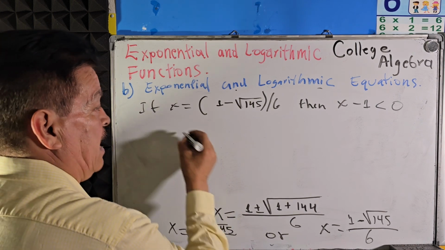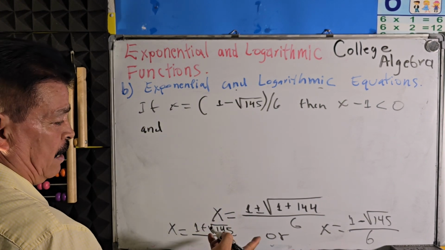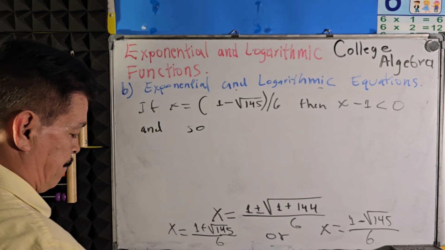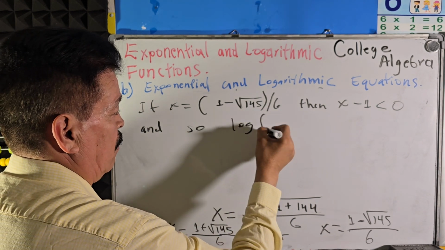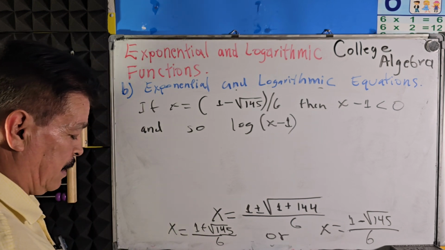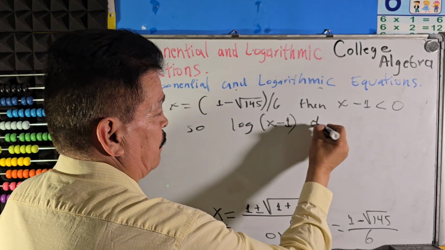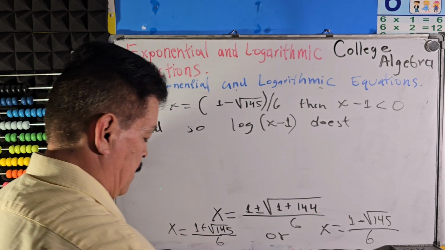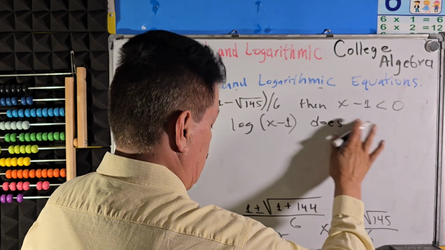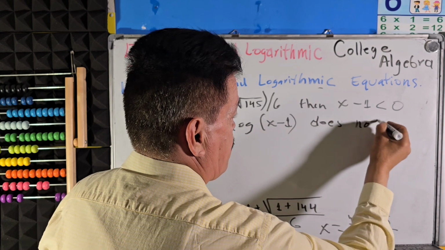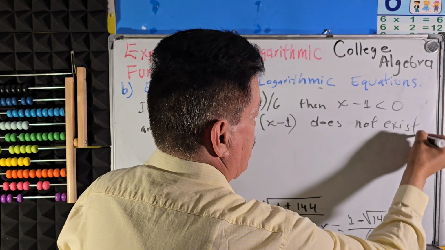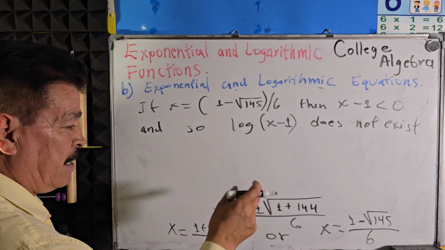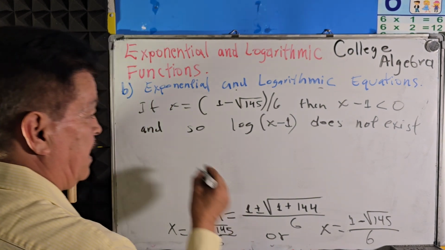Some clue. And so log of x minus 1, look at this. So here, this does not exist. It's not here, right?